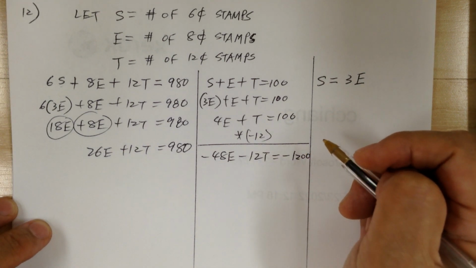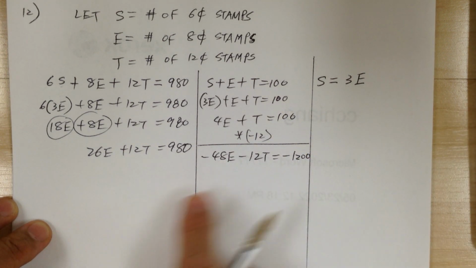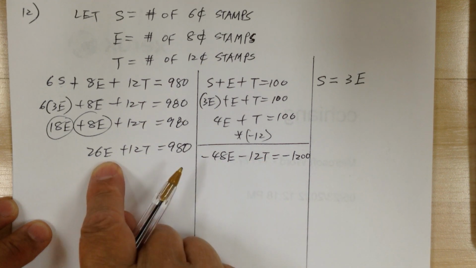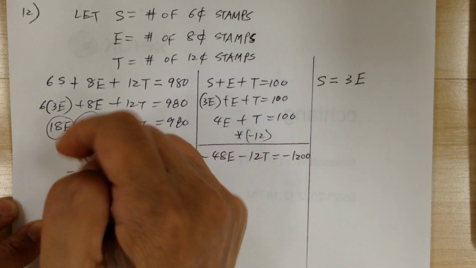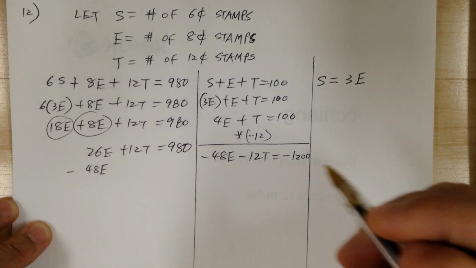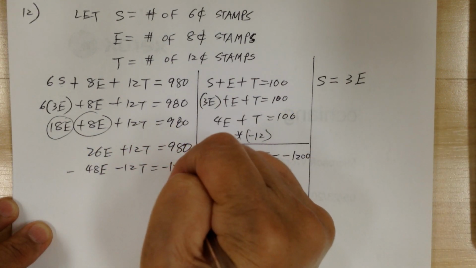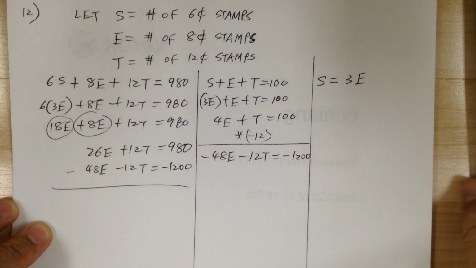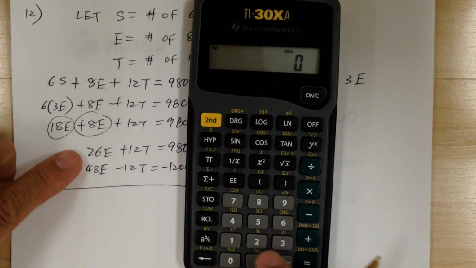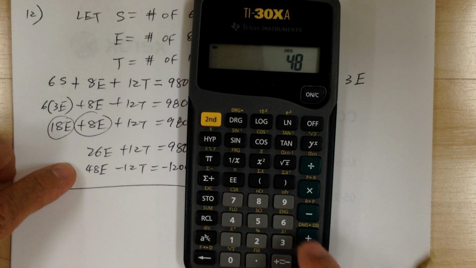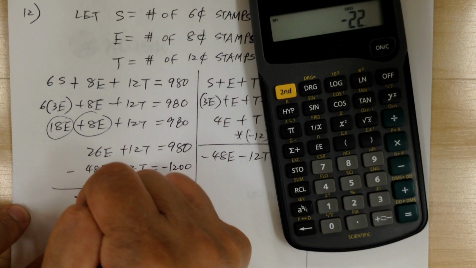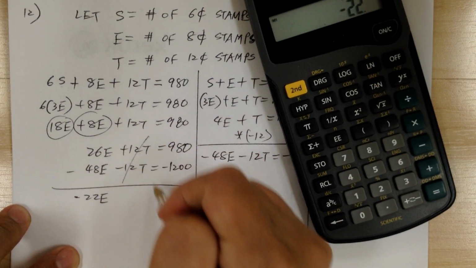Okay, then I'm going to move this over here. It doesn't matter which one you move under. So negative 48E minus 12T equals negative 1200. Okay, so I'm going to add. So 26 minus 48 equals negative 22E, but the T will cancel out.